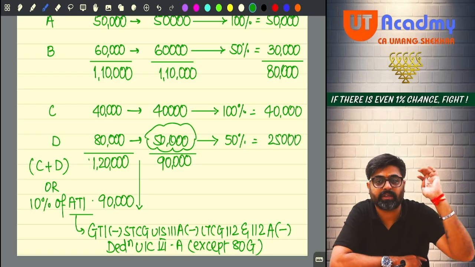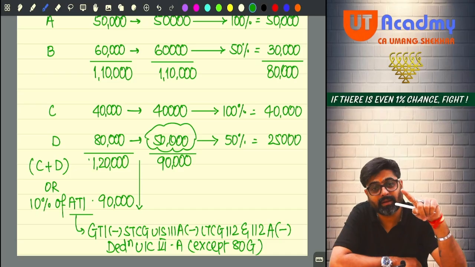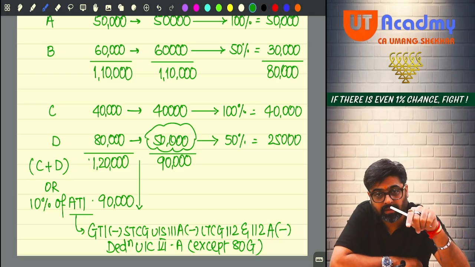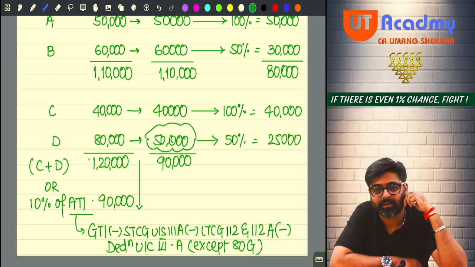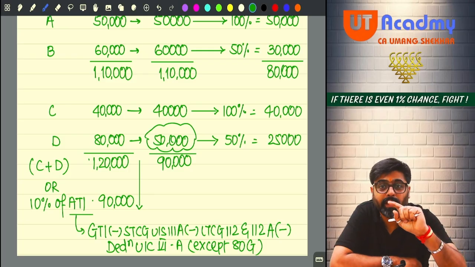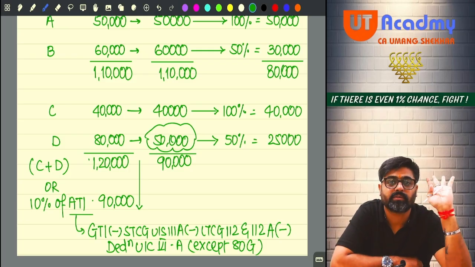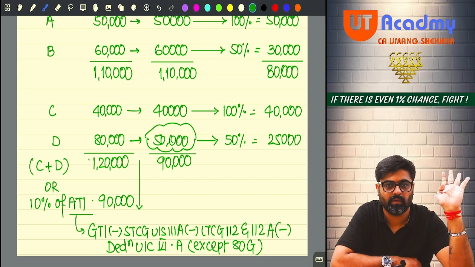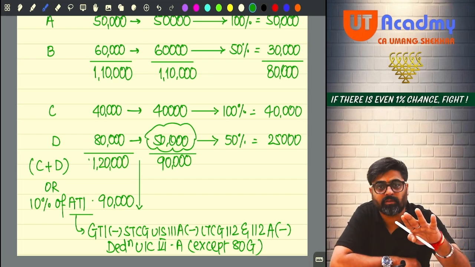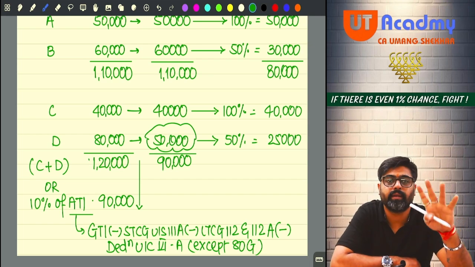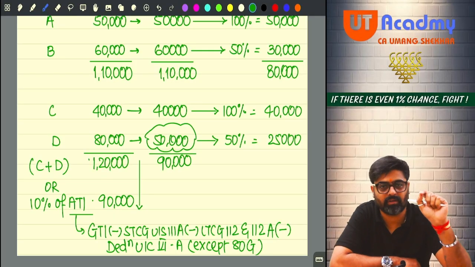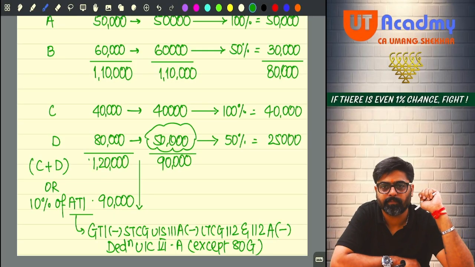So the total will be 65,000. So is claiming the deduction of 50,000 better or claiming the deduction of 65,000 better? So always qualify category C first, in full, and whatever balance remains, qualify from category D, because that is allowed to the extent of 50% only.